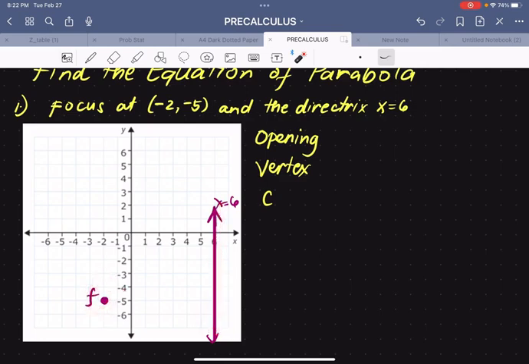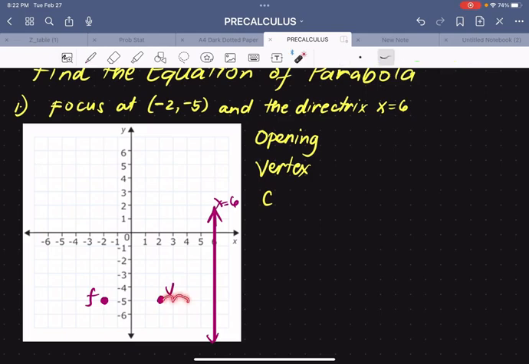Always remember, the midpoint between the focus and the directrix is the vertex. So the vertex is located here. Midpoint po nila palagi yung vertex, yung focus at directrix. So this is our vertex.